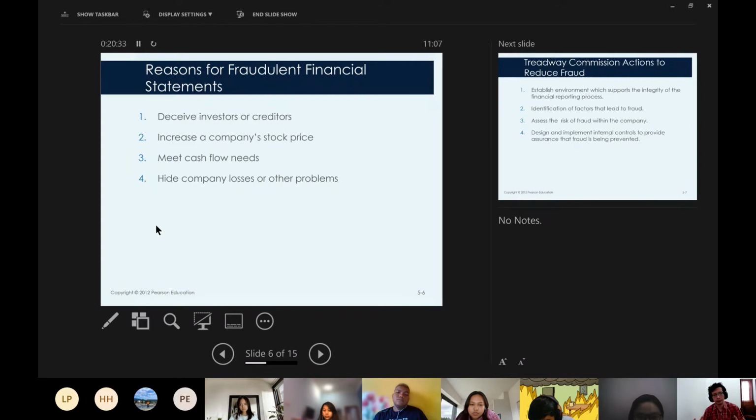But then one day in 2001, the scandal erupted, and it showed that Enron had falsified their financial statements. In reality, Enron was suffering from losses, but in their financial report, Enron reported growth and profits. So they manipulated the financial reporting to deceive investors. Before the scandal, Enron's stock price was somewhere in the range of $100 per share.